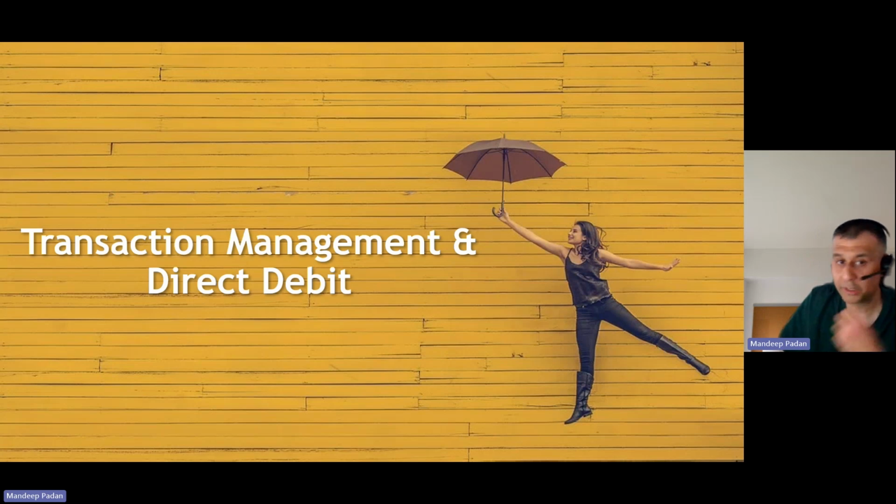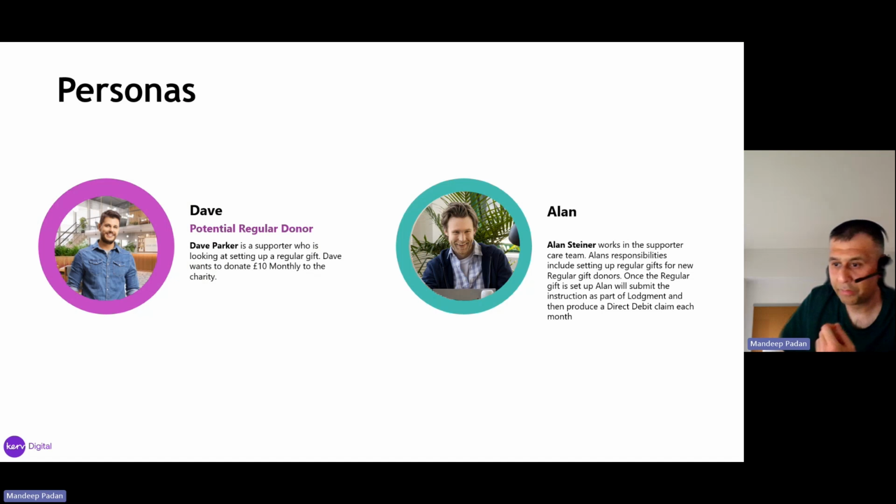What I'm going to do is dive straight into transaction management and direct debit. But before I do, I'm just going to introduce you to a couple of personas. First, our potential regular giver. Dave Parker is a supporter, and he has rung our charity and wants to make a regular gift of £10 a month. We need to set that £10 a month up.